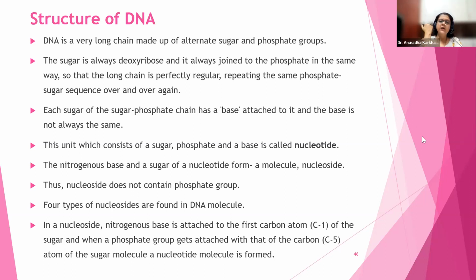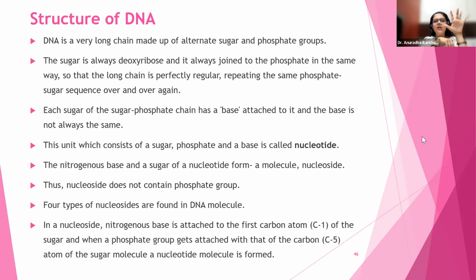In that carbohydrate session I had also told you that the presence and absence of one oxygen molecule at the 2' end will decide the sugar to be deoxyribose or ribose sugar, correct?